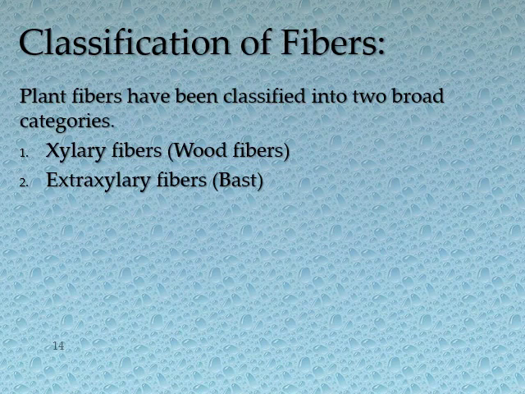As far as the extraxylary fibers are concerned, these fibers are present outside the xylem and they are usually found in different regions of the plant body. These fibers are also called bast fibers or simply bast. These extraxylary fibers or bast are present in phloem and cortex tissue.